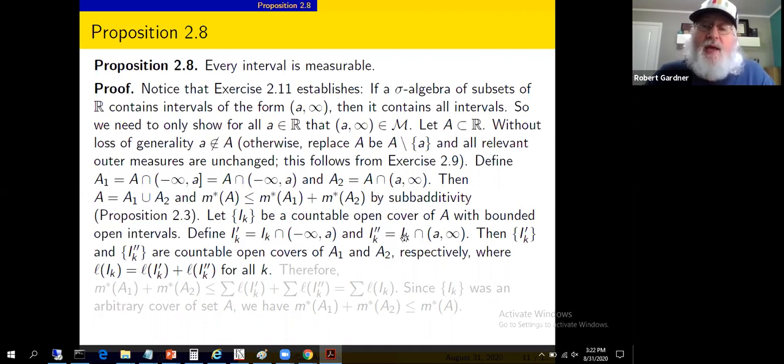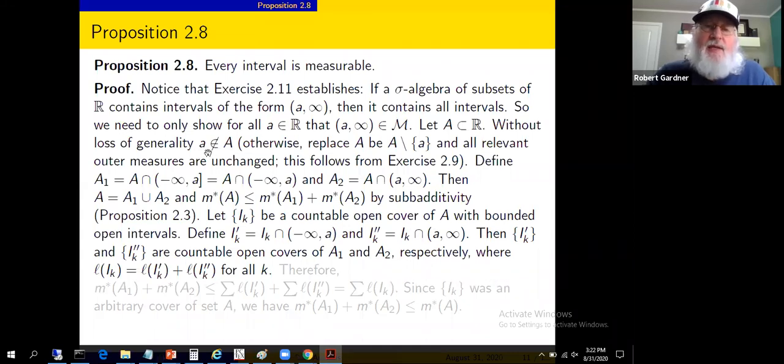Take I sub k and intersect it with the interval from a to infinity and call that I sub k double prime. So we've got these intervals and we're cutting them at a. We're throwing the endpoint a out if relevant. That's okay. We didn't need it in terms of covering set A.